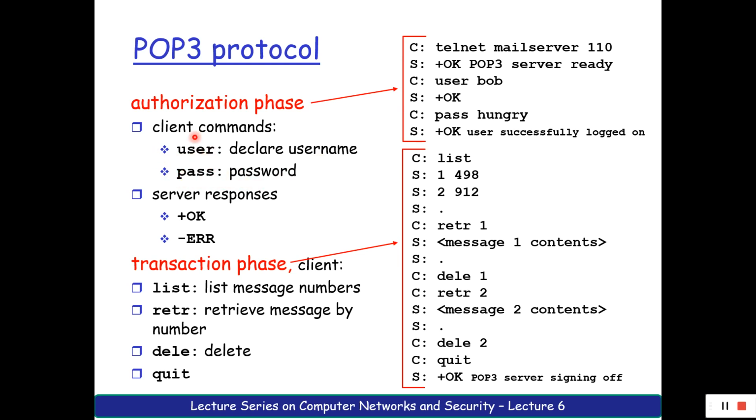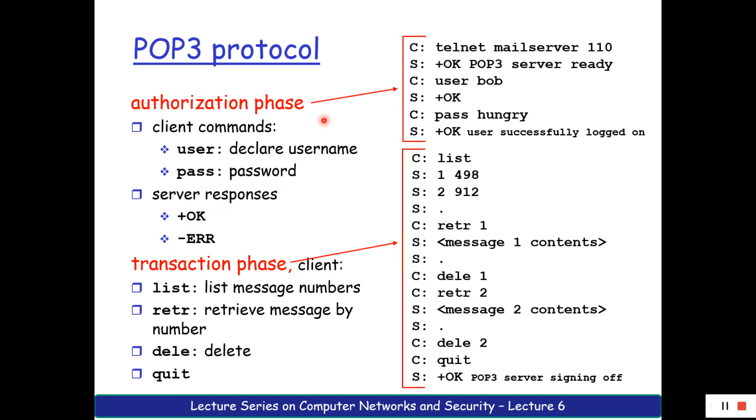For the username and password sent by the client to the server, the server can respond in two ways. It can respond OK if the username and password are correct, or it may respond with an error if any problem is there, or if the password or username is incorrect.